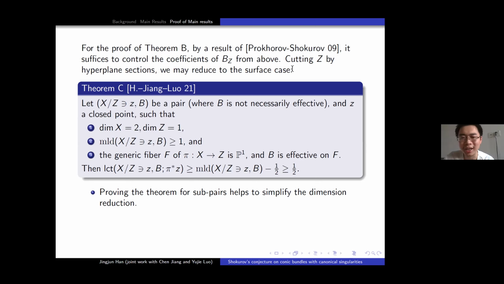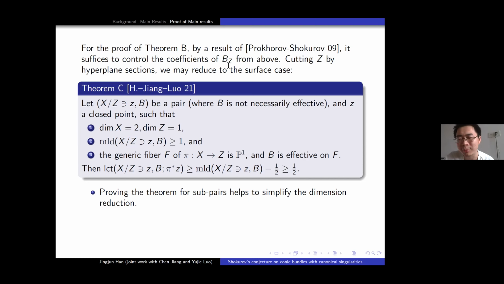So this means that if we take some high model of Z, then since M_Z prime is semi-ample, it will not make our singularities worse. In order to show Theorem B, it suffices to control the coefficients of B_Z. Because if the singularity is bad, then there is some prime divisor E such that the log discrepancy is small.